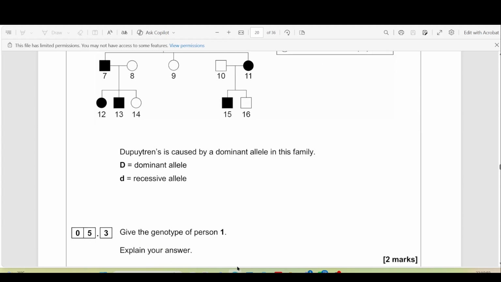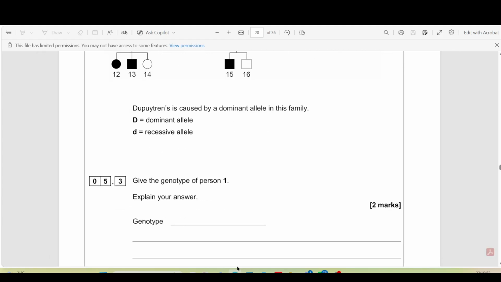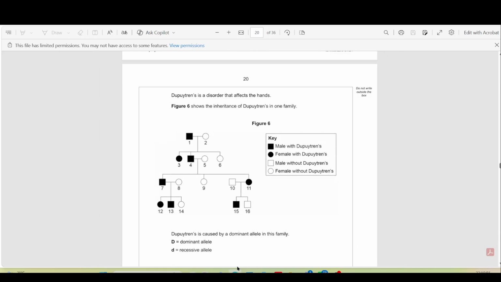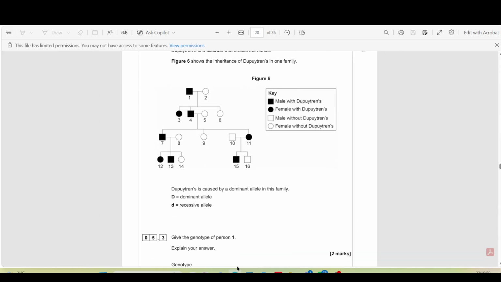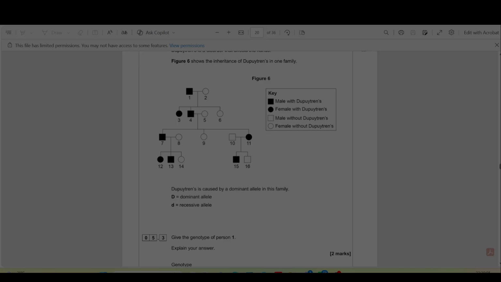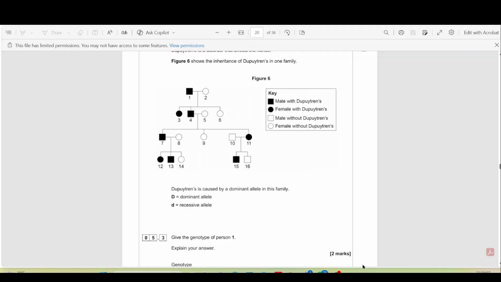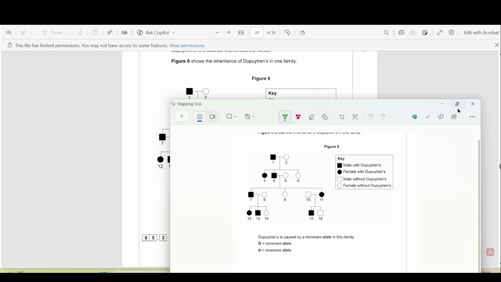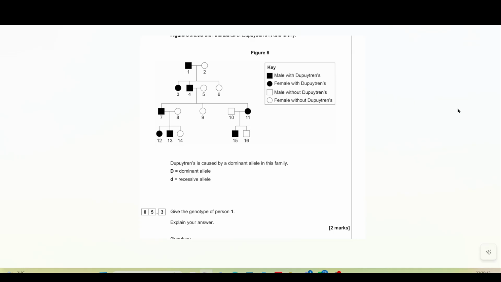Give the genotype of person one. Person one is affected with Dupuytren's, so it can be capital D, capital D or capital D, small d.